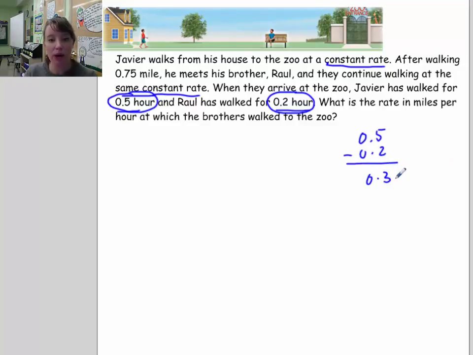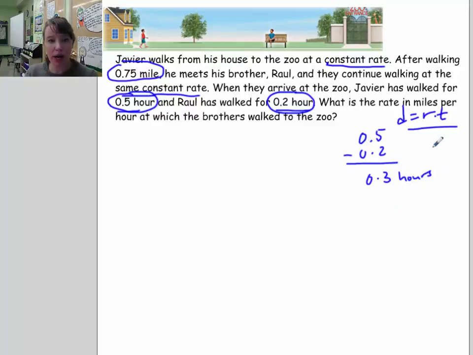So this is what Javier walked in order to meet his brother, okay? So this is hours. Okay, well, in 3/10 of an hour, he went 3/4 of a mile. So distance equals rate times time. Let's remember this formula. It's very important to remember this formula.